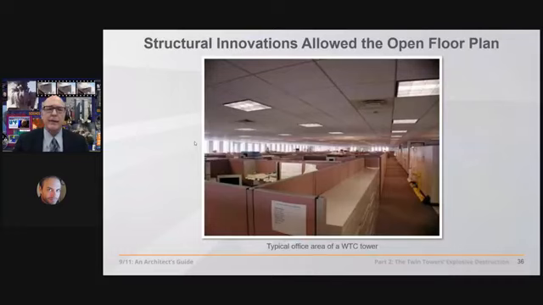Whereas here you have marching columns around the exterior every 3 feet 4 inches, these 14-inch square steel tube columns. Some likened it unto a jail cell.